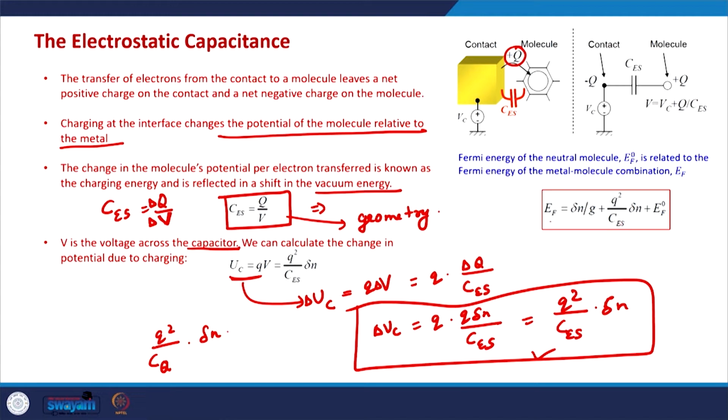So the new Fermi level of the quantum dot system or the molecular system will be the Fermi level without any contact, EF naught, plus the change due to the quantum capacitance plus the change due to the electrostatic capacitance. Okay. So this is what we need to keep in mind.